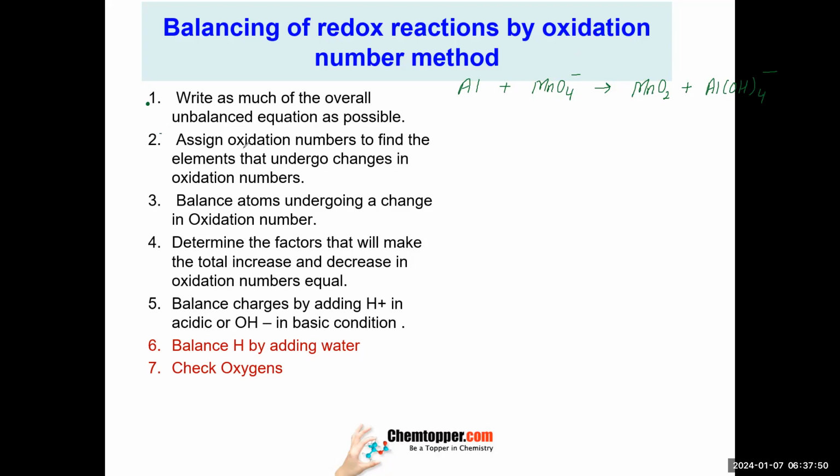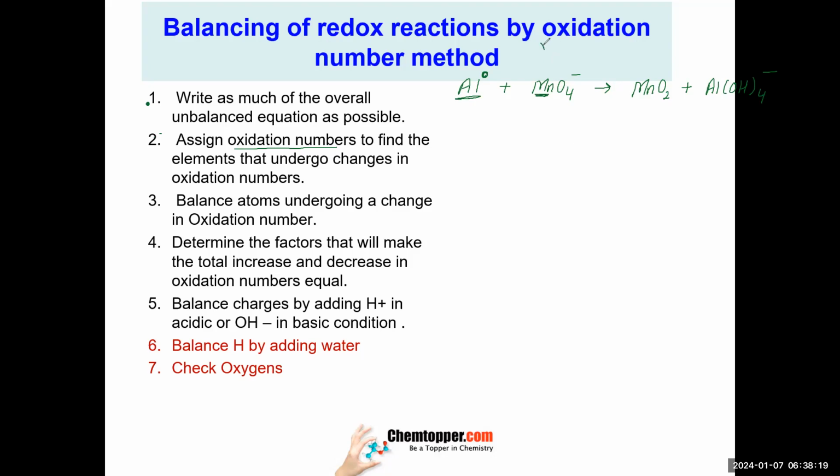Now rule number 2, assign oxidation number to each element. So what is the oxidation number of this aluminum? Yes, please answer here. 0. Get the oxidation number of manganese. Assume it as X. Oxygen you know is -2.